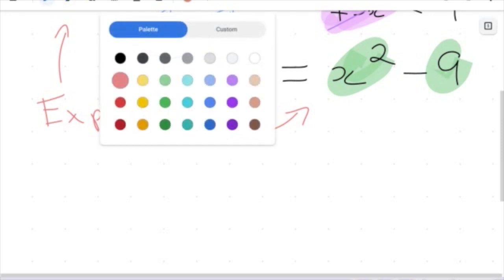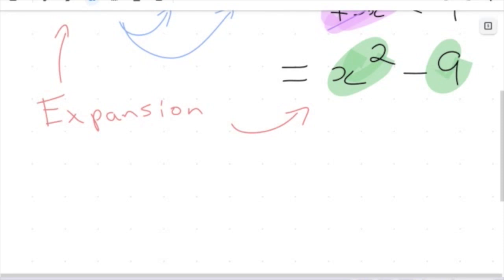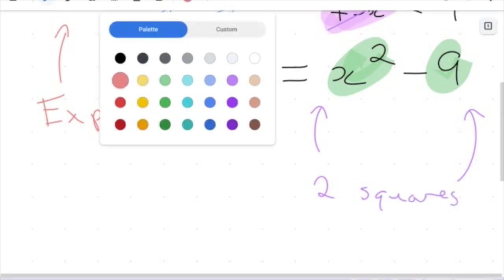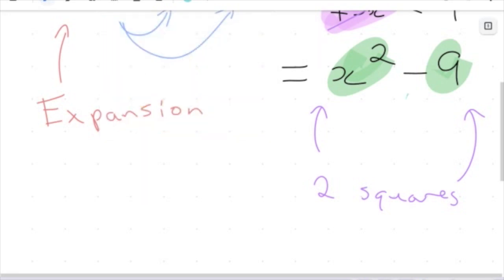Because here we have our two squares. And the subtraction that happens, that is our difference. So the answer we get is a difference of 2 squares.